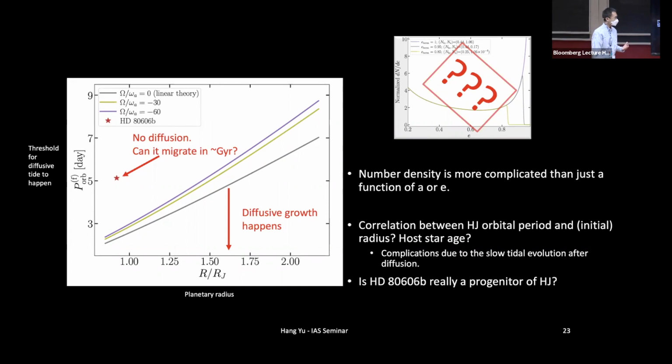But I put it in the supplemental slide because it's actually tricky to formulate those correlations. After this diffusive tide, which only happens for 10 kiloyears, there's a very long, slow tidal migration over a gigayear. How does that wash out this initial correlation? That's unclear.